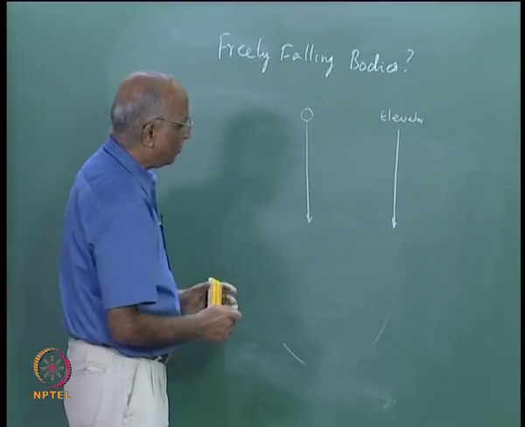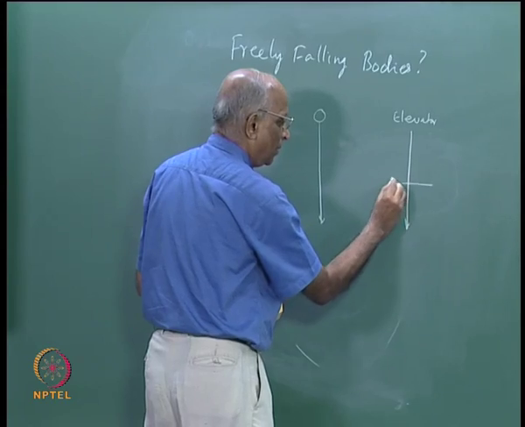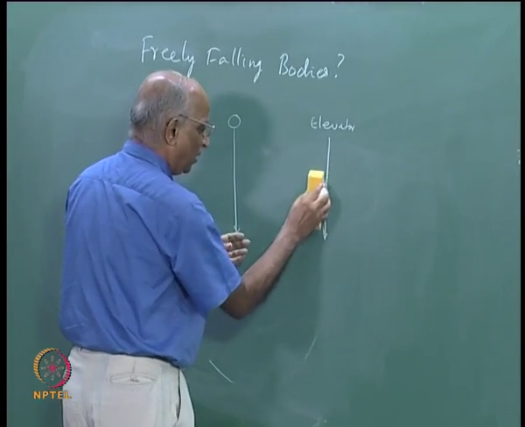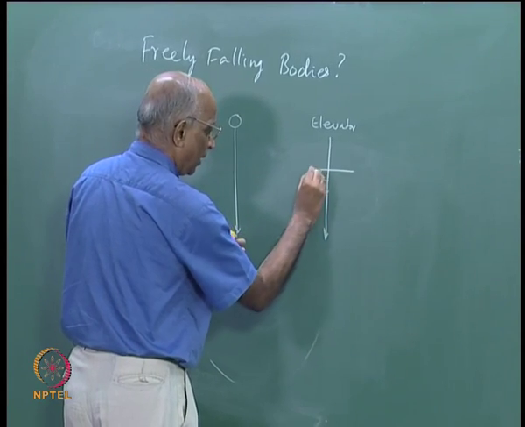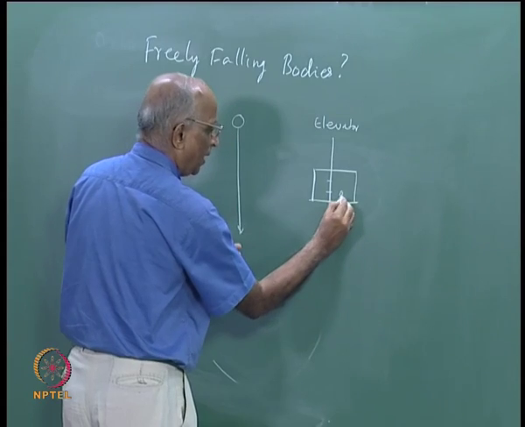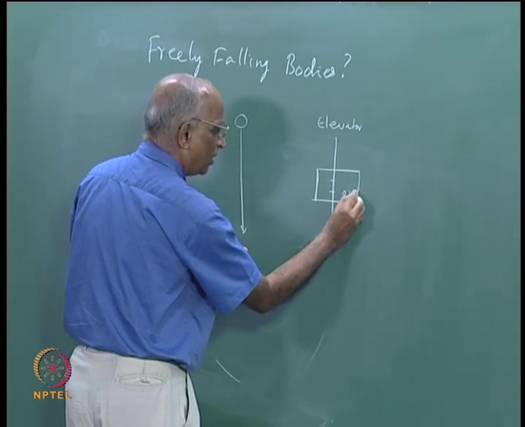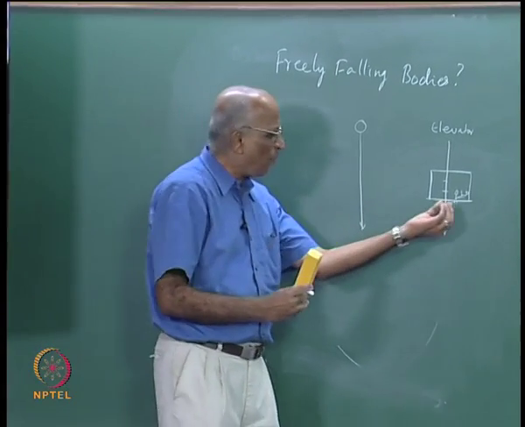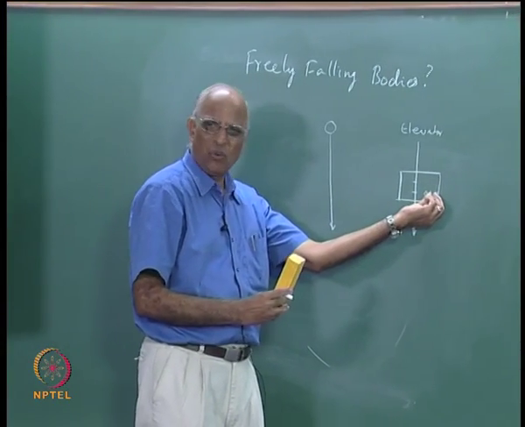Let us take an example. I am in the elevator, maybe this is the elevator which is falling freely. I am going down, it just falls freely. Maybe I am standing over here, and in my hand I hold a cup of tea. You all would have seen this. Now, what happens to the teacup when I am holding?